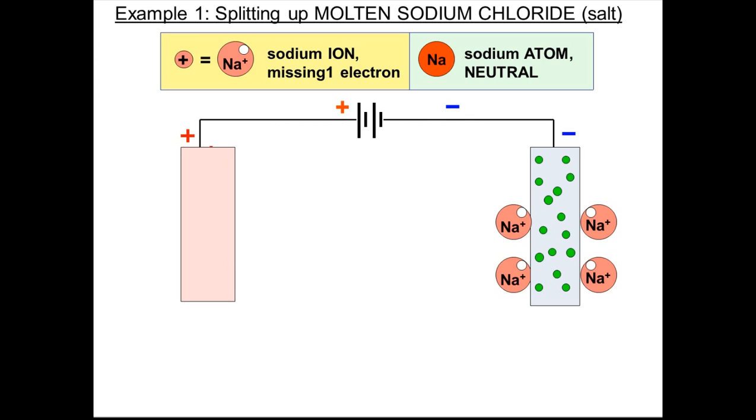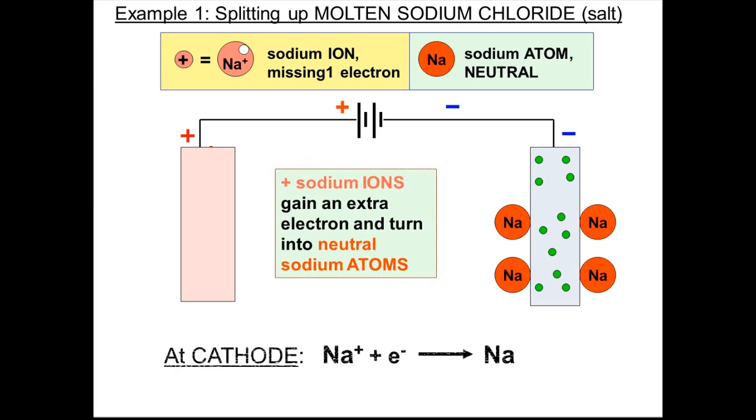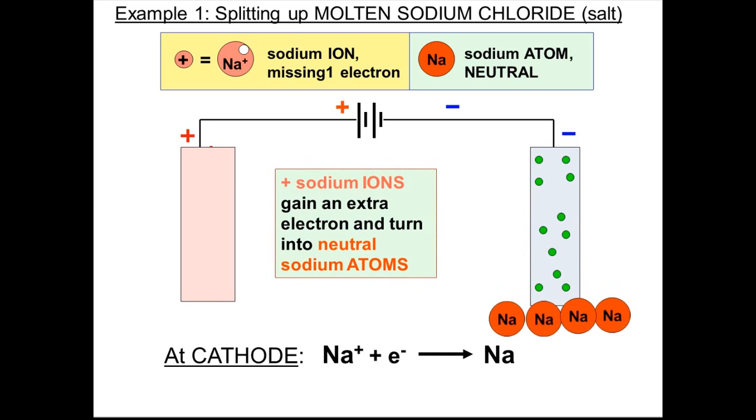Those are green blobs. So this is what happens. Those electrons move into there. So the ions become neutral sodium atoms, and they sink to the bottom, and we get solid sodium being formed. Remember this is still molten. And this is our half equation here. Na+ plus e-, because it's gaining an electron at the cathode, gives us sodium.